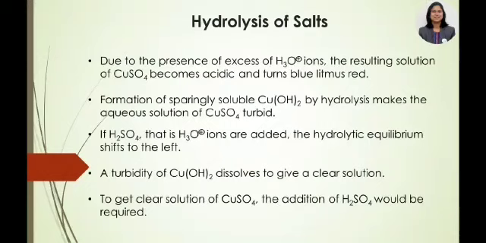Due to the presence of excess H3O+ ions, the resulting solution of CuSO4 becomes acidic and turns blue litmus to red. Formation of sparingly soluble Cu(OH)2 by the hydrolysis makes the aqueous solution of CuSO4 turbid.